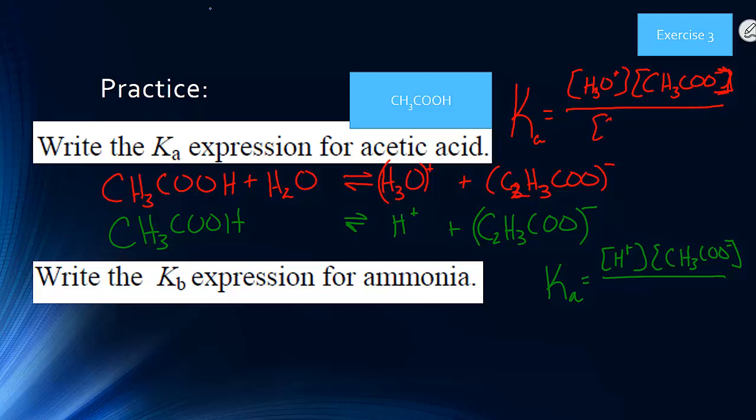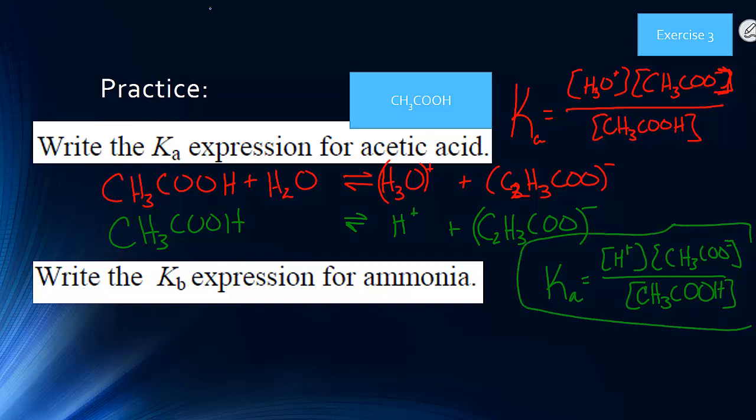Remember, water is not part of an equilibrium expression. So there is the Ka. Both answers are synonymous. Both answers are correct. If the question specifically wanted you to show how it reacts in water, the top answer is the better of the two. However, they both are valid answers.